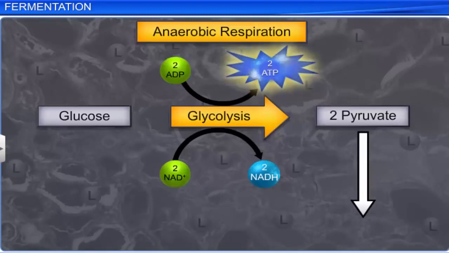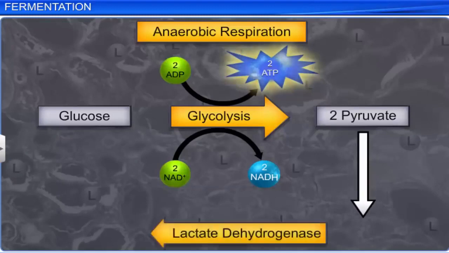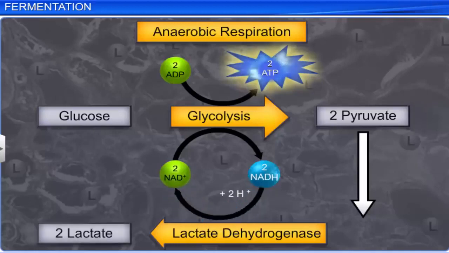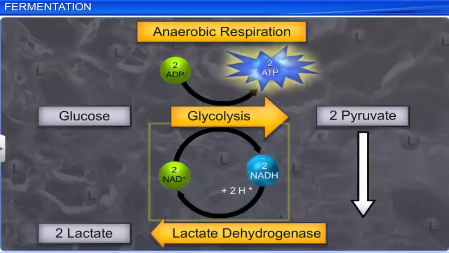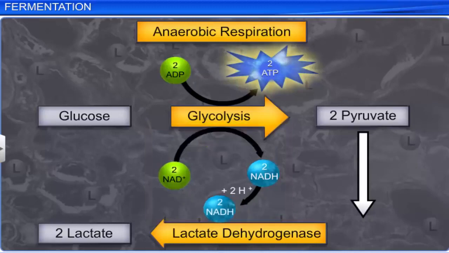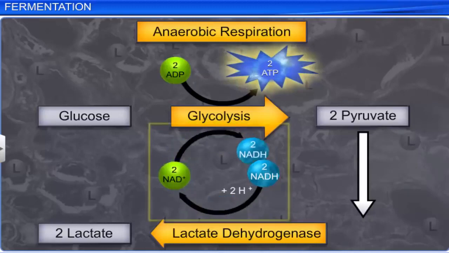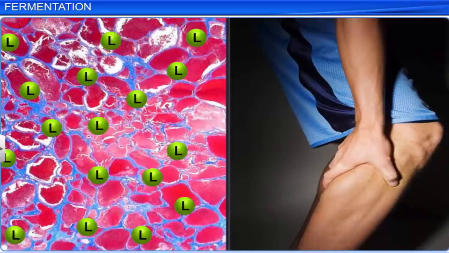The enzyme lactate dehydrogenase uses NADH to reduce the pyruvate molecule to lactate. In this process, NADH is reoxidized to NAD and used in the glycolysis pathway. The accumulation of lactate is the reason for the stiffness in the muscles when you exercise.